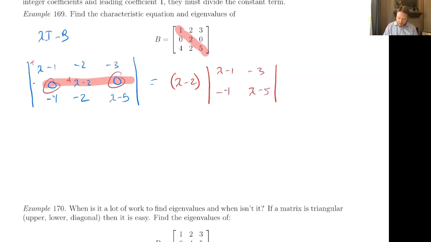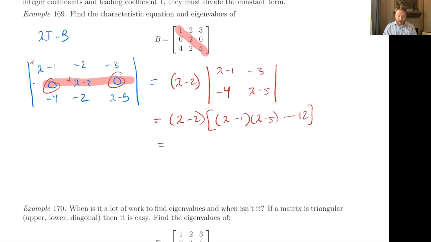The zeros kill the other two, right? Which gives me lambda minus 2 times lambda minus 1 times lambda minus 5, minus, 4, sorry, 3 times 4, minus 12.